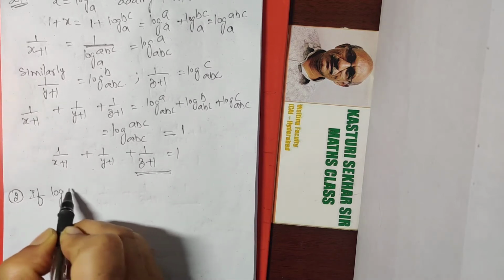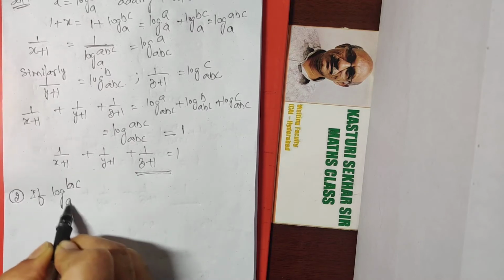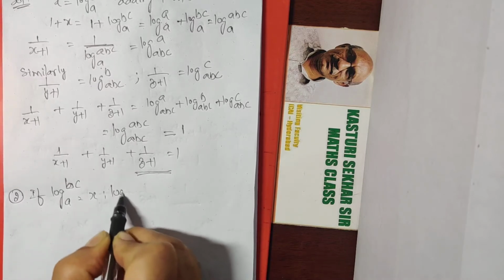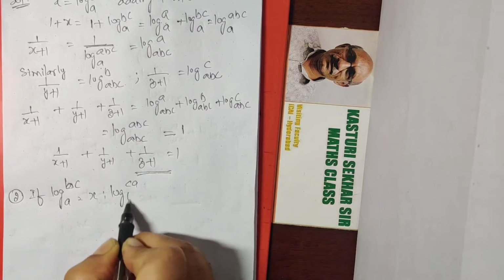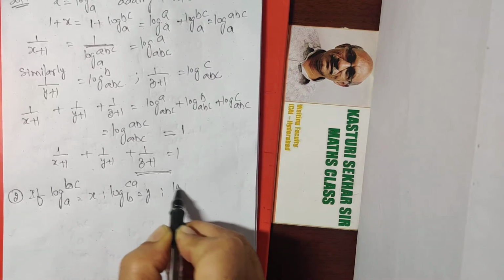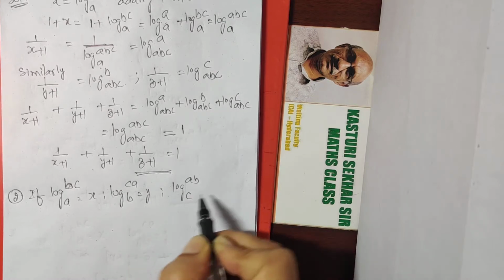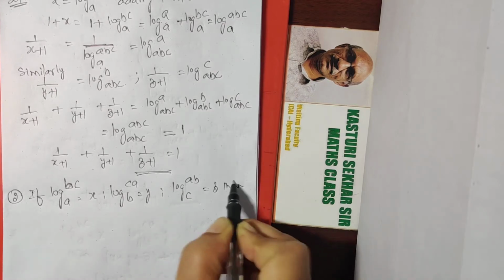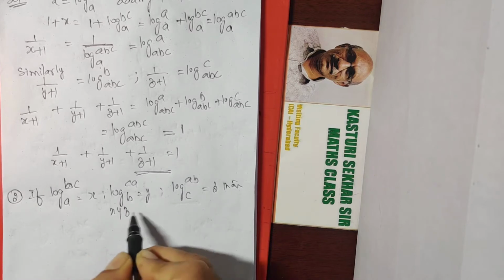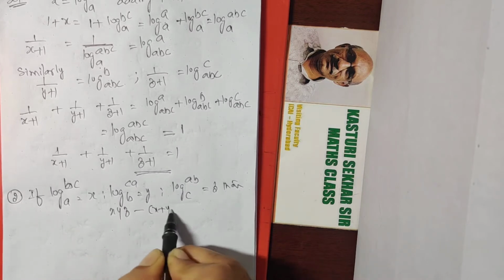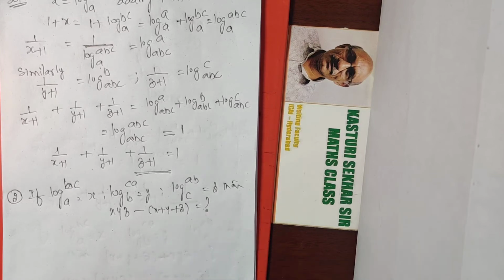If log BC to the base A is equal to x, log CA to the base B is equal to y, log AB to the base C is equal to z, then xyz minus x plus y plus z is equal to question mark. The same question may be asked in this format also.